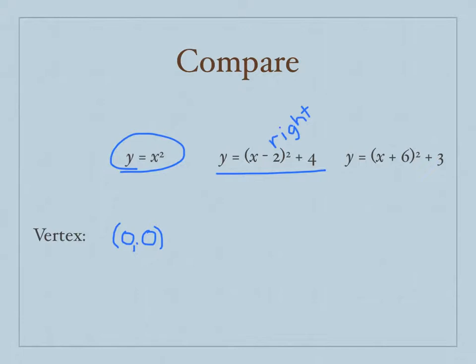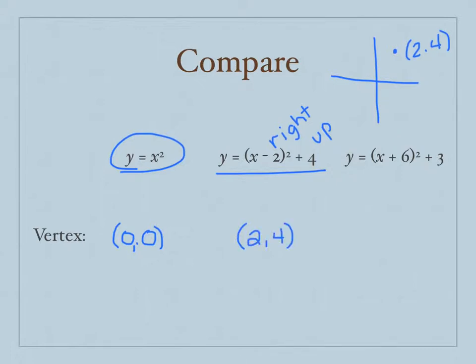The plus 4 on the outside would move you up. So thinking about this on a coordinate plane, if you were to go 2 to the right from (0, 0), and 4 up, the coordinates there would be (2, 4). So the vertex of this parabola is (2, 4).